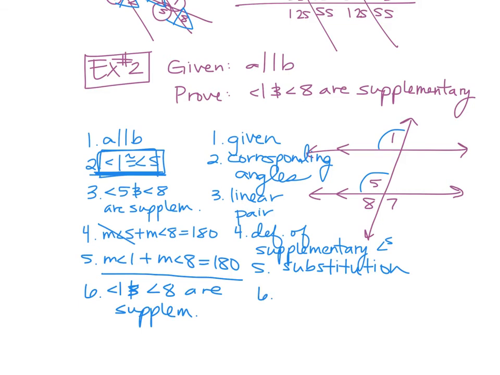If in the step before we said they were equal to 180, that is the definition of supplementary angles. Okay, so that would be a proof proving that 1 and 8 are supplementary. Questions on that? Okay.